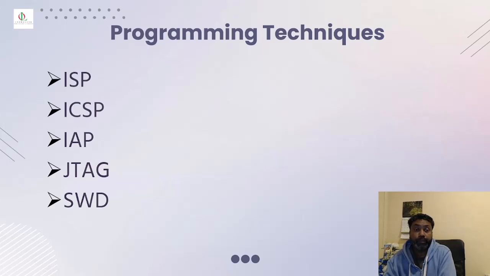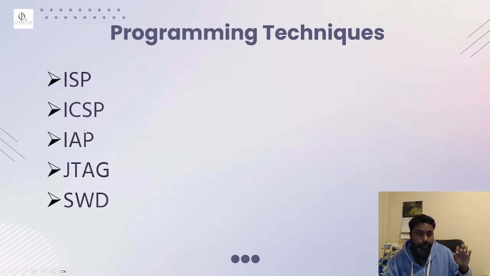And some of the programming techniques that are widely used in the industry and also with some of the IDEs are in-system serial programming, where you can do programming on the spot, and in-circuit serial programming, where you can program when you connect with the target board.